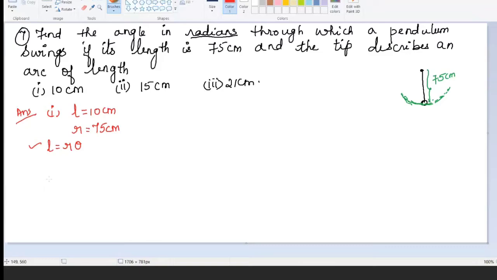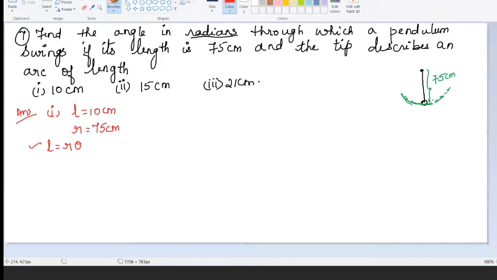But suppose the question asked for the angle in degrees, then remember, in the formula L is equal to r theta, theta is always in radians, so I would have to convert that theta to degrees. What will the conversion be? I multiply radians by 180 by pi. Whenever I want degrees, the number should be on top. Yes, so substitute now.